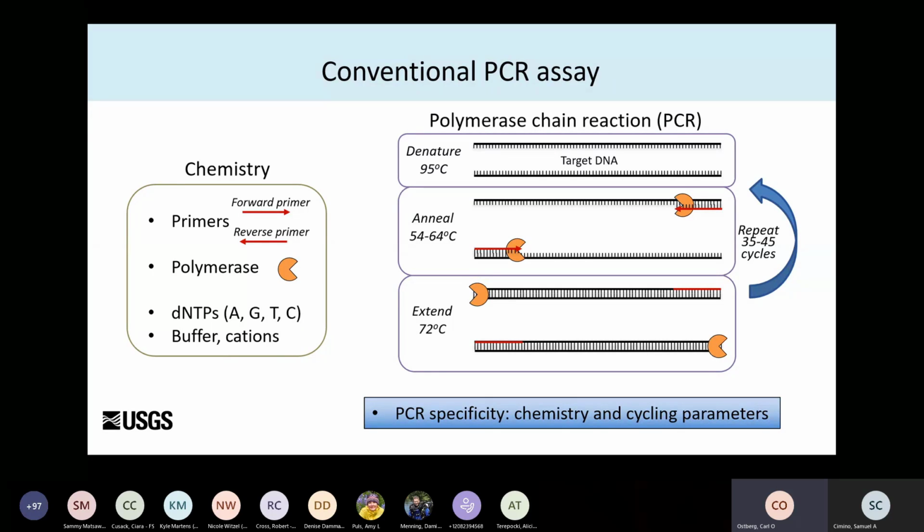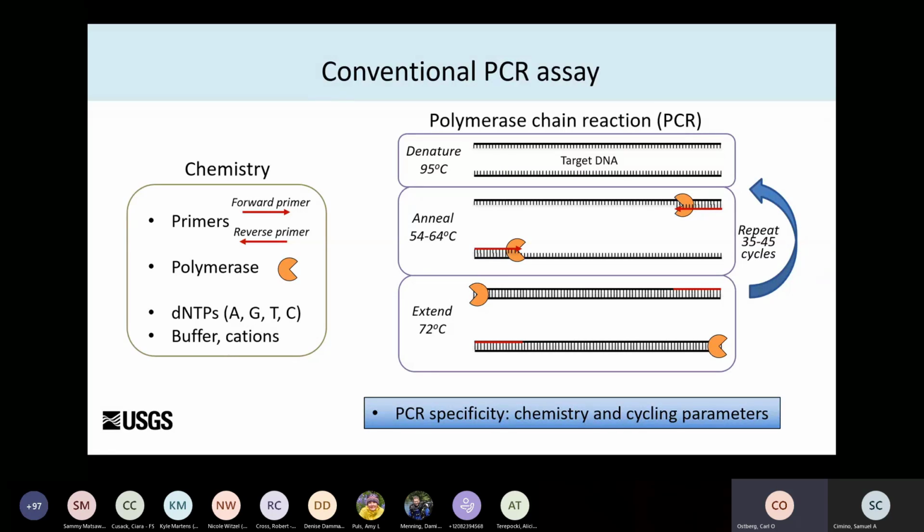So specificity and efficiency of PCR is regulated by the chemistry and the cycling parameters, and in particular the annealing temperature. When PCR is performed under optimized conditions and amplification is efficient, amplification is going to happen exponentially.